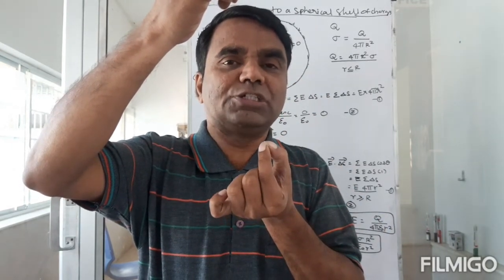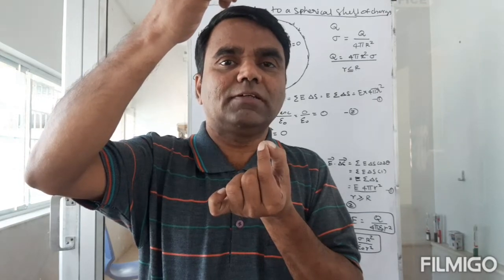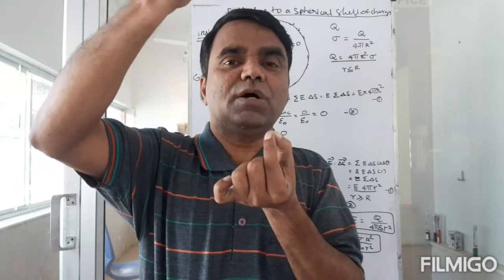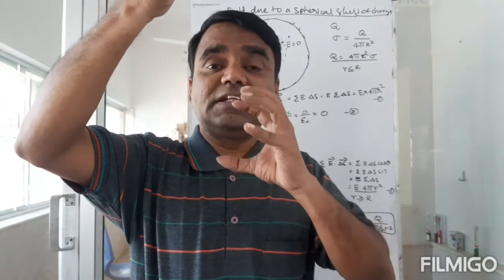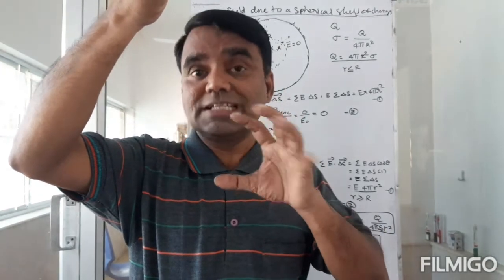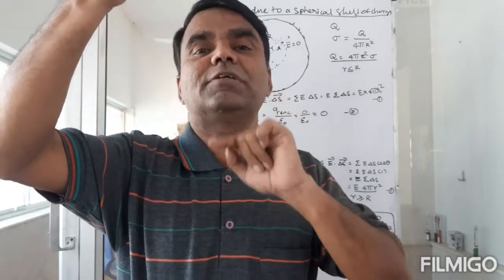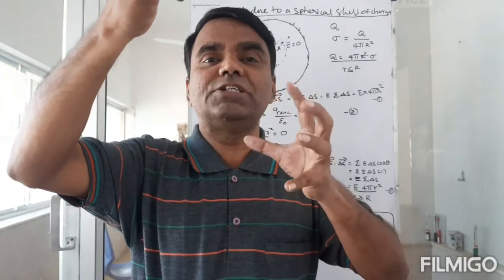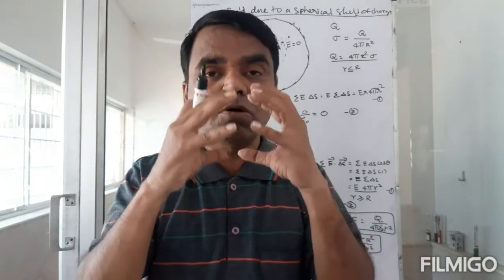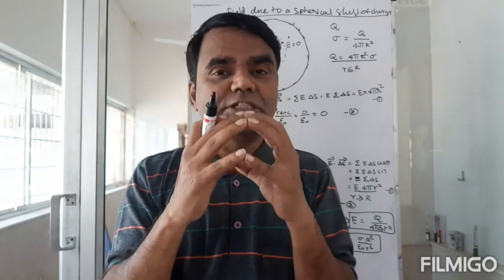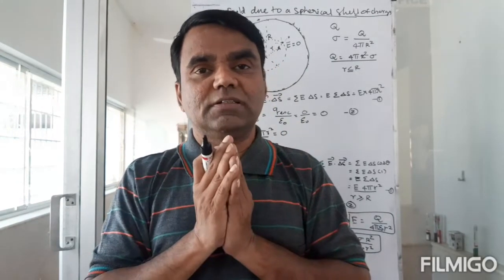It acts like a point charge for all points which lie outside the shell. But is the shell really a point charge? No, it is not. It behaves as if it were a point charge, but it is not, because you have distributed the charges over the surface of the shell. So I want you to understand that.